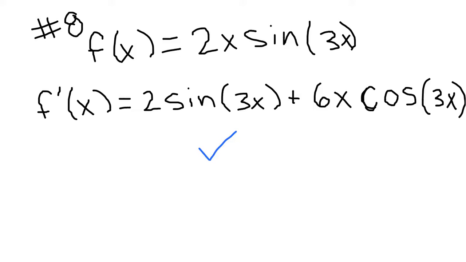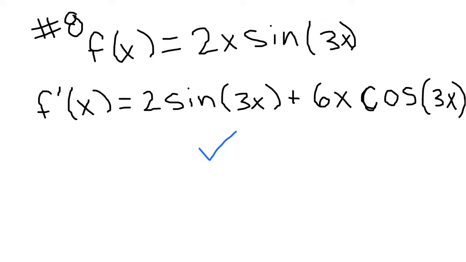Alright, so you're going to be using the product rule as well as the chain rule in this problem here. So for number 8, remember we take the derivative of the first term times the second term, plus the derivative of the second term times the first term.